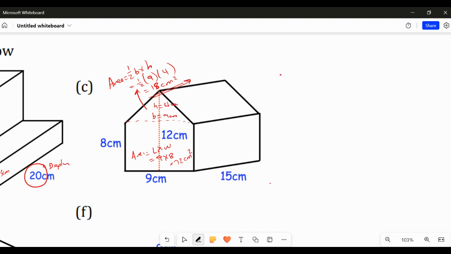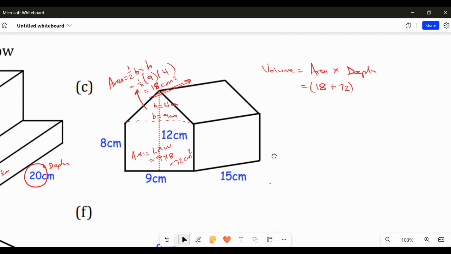So the cross-sectional area, or the total area, remember volume is found by taking cross-sectional area and multiplying it by depth. Again, we have a sum of areas here because we have 18 for the triangle and we have 72 for the rectangle below.